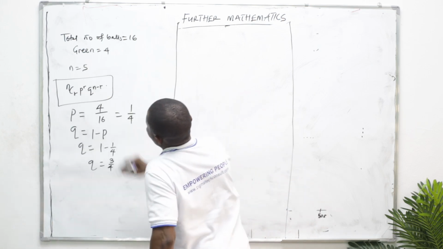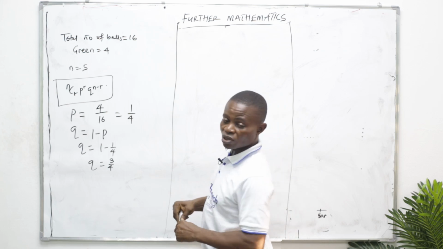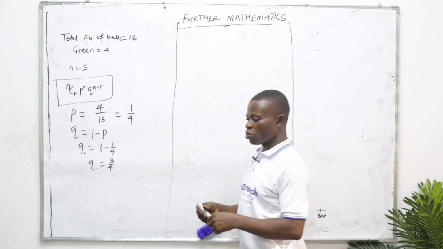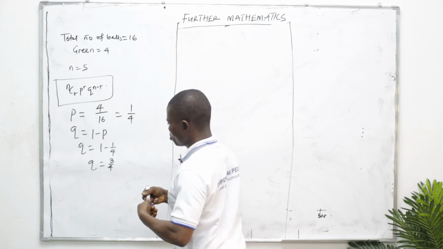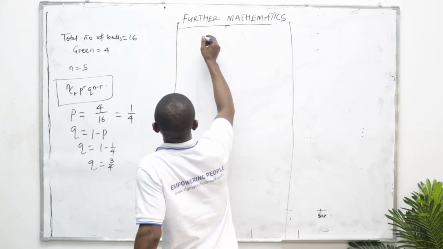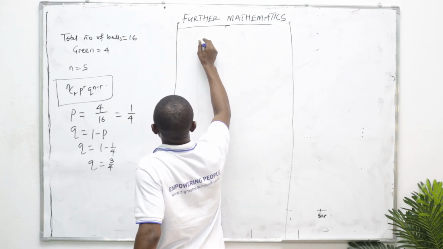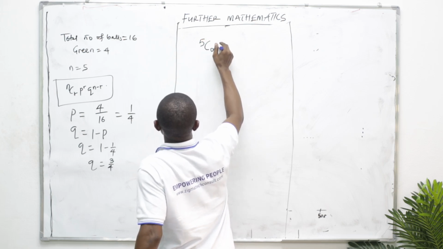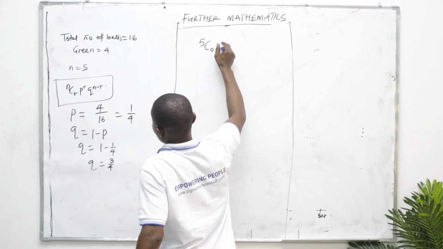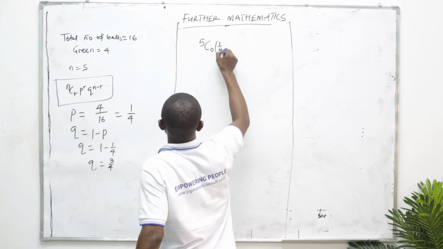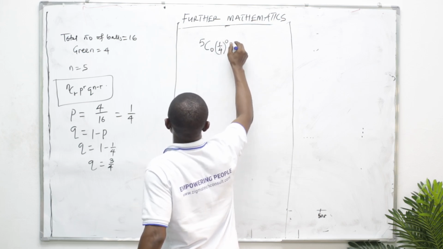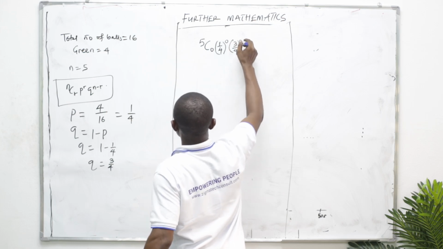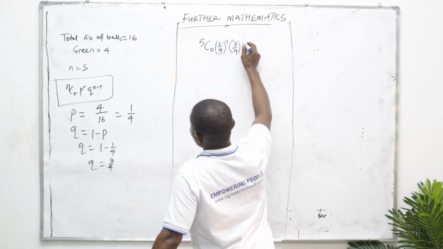And n here is 5. Now the question is, find the probability that he did not pick a green ball. Probability that he did not pick a green ball means 5 combination 0 into 1 over 4 raised to power 0 into 3 over 4 raised to power n is what?